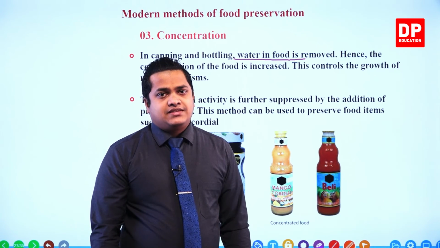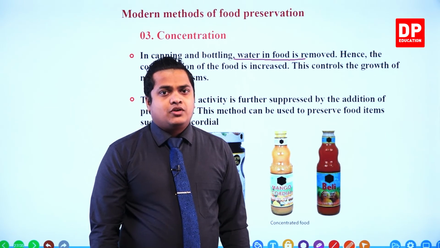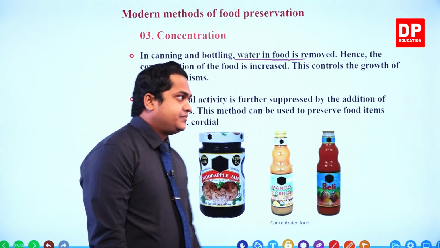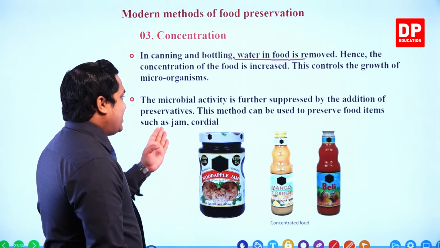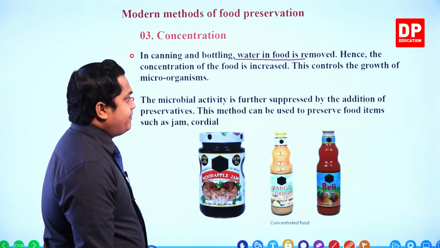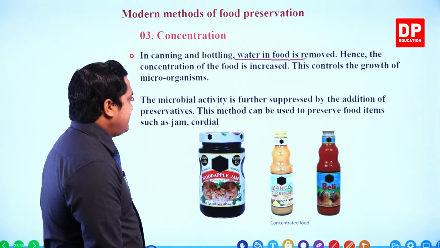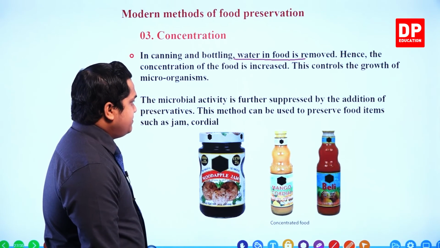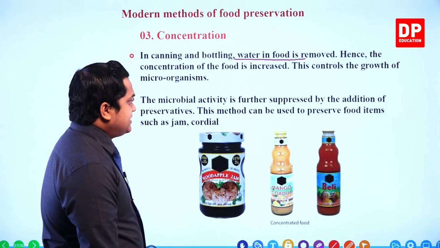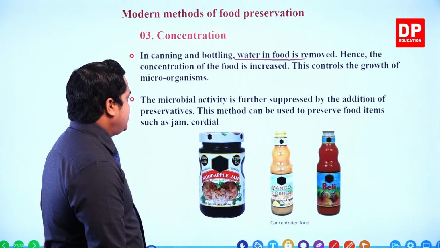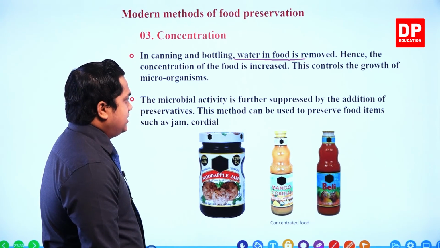We add these to food in order to preserve it. So microbial activity is further suppressed by the addition of preservatives, and this method can be used to preserve food items such as jam and cordial.